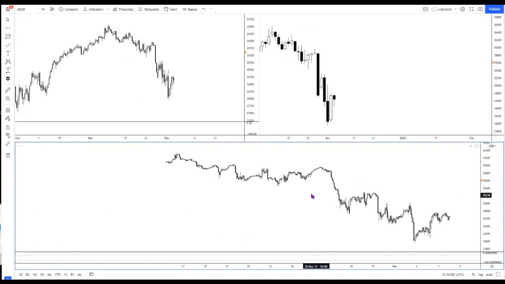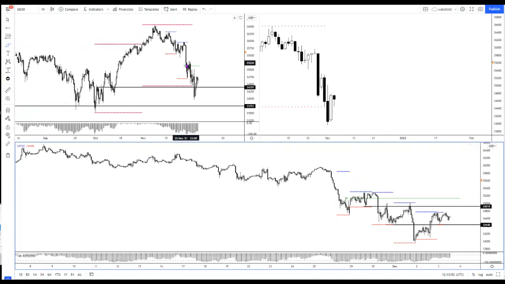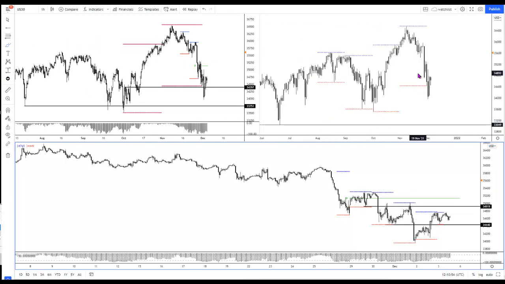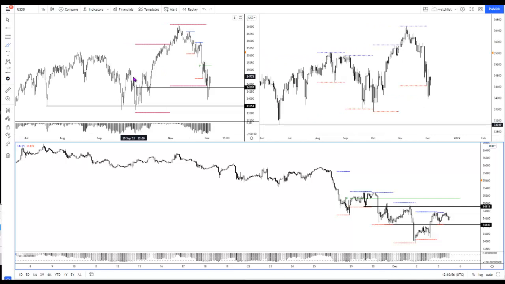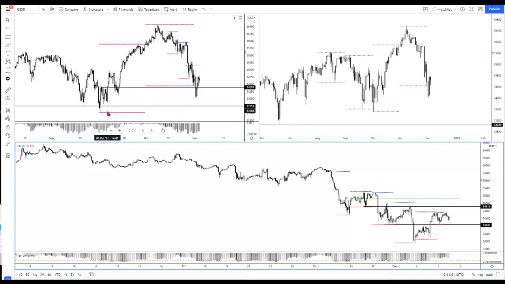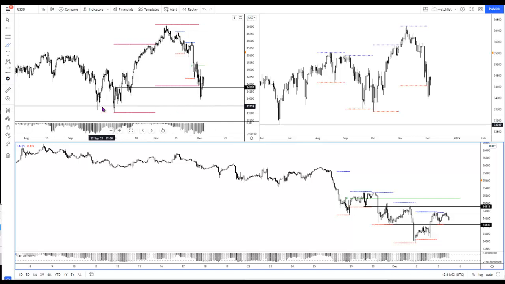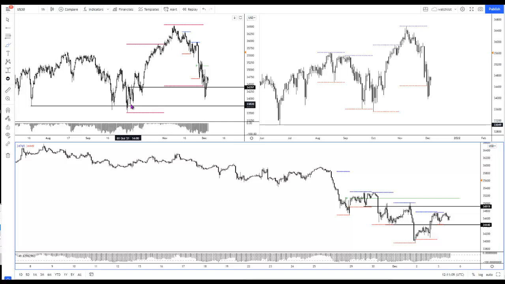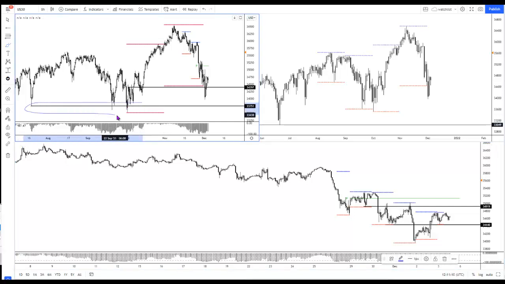Now, on the Dow, it's even worse, because the real power buy zone that I see here is the lows at around the 33,800 level, or these previous lows where we have seen buyers jumping in relentlessly in the past.